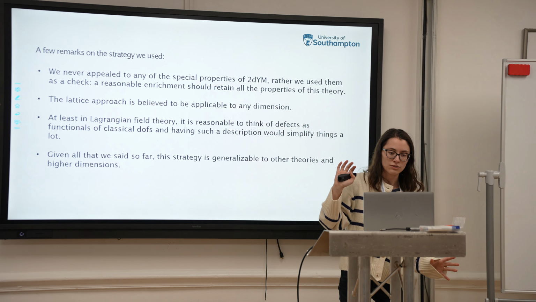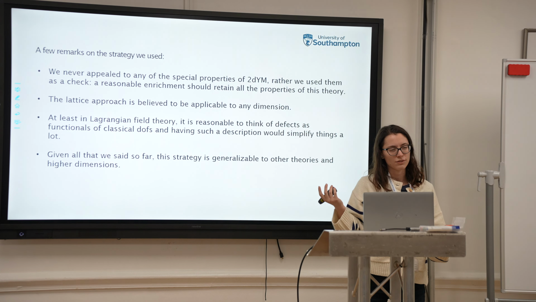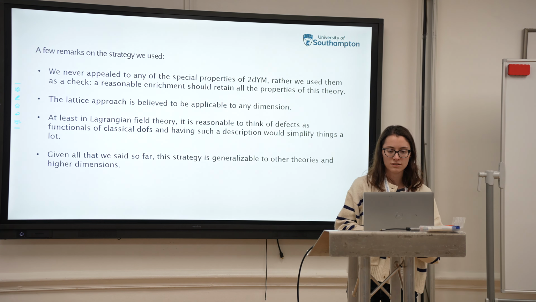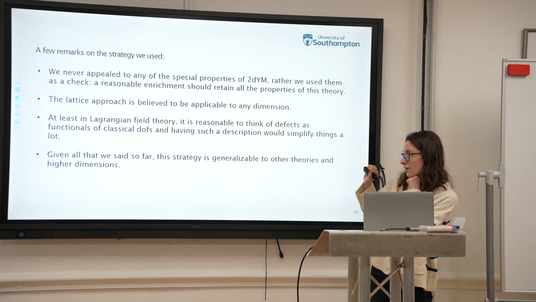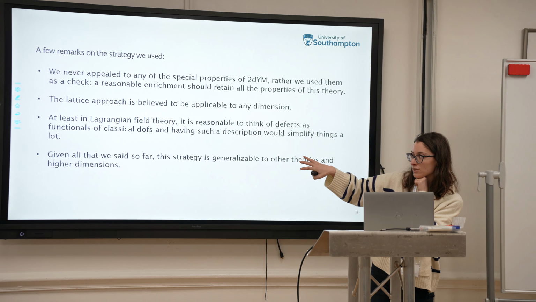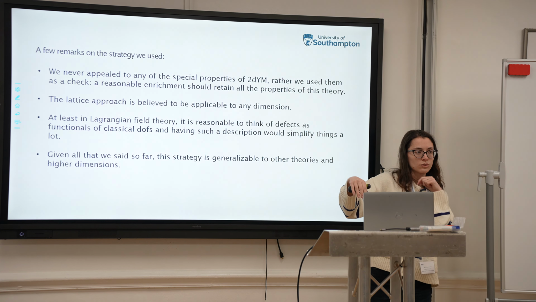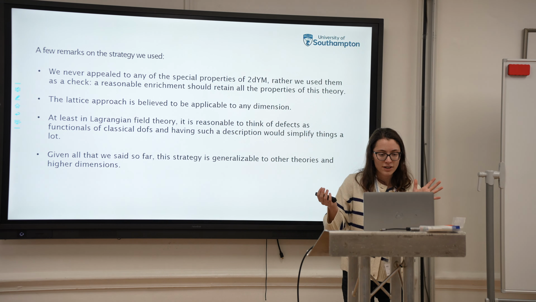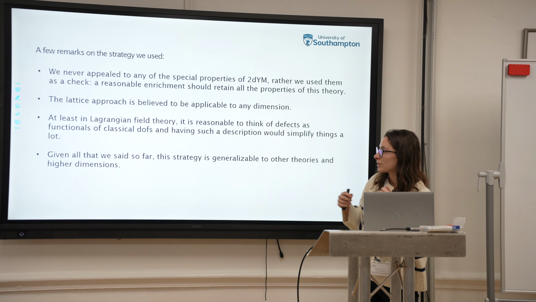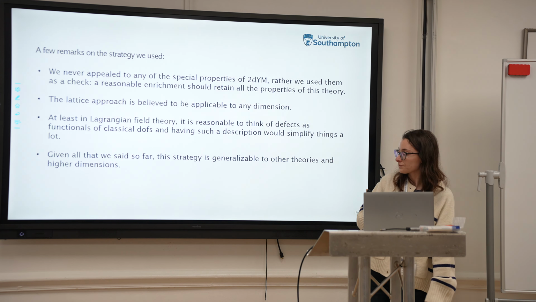At least in Lagrangian field theory, it's reasonable that defects could be thought of as something of this kind. So this is just to motivate that there is no obvious obstruction to using this strategy to other theories or even higher dimensions. It might be very hard, probably it is very hard, but there's no obstruction.